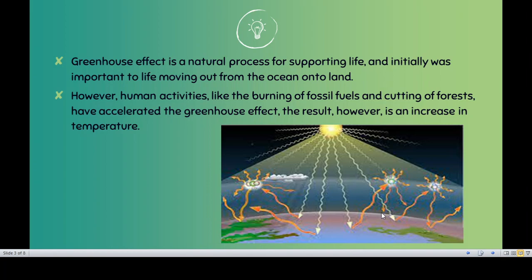So henceforth the greenhouse effect is important. Basically it is a natural effect, it is not an artificial effect, it is a very natural effect. And why is this natural effect? Because this natural effect has created the life supporting system, not only on the land but also in the oceans, because organisms survive in the oceans also.